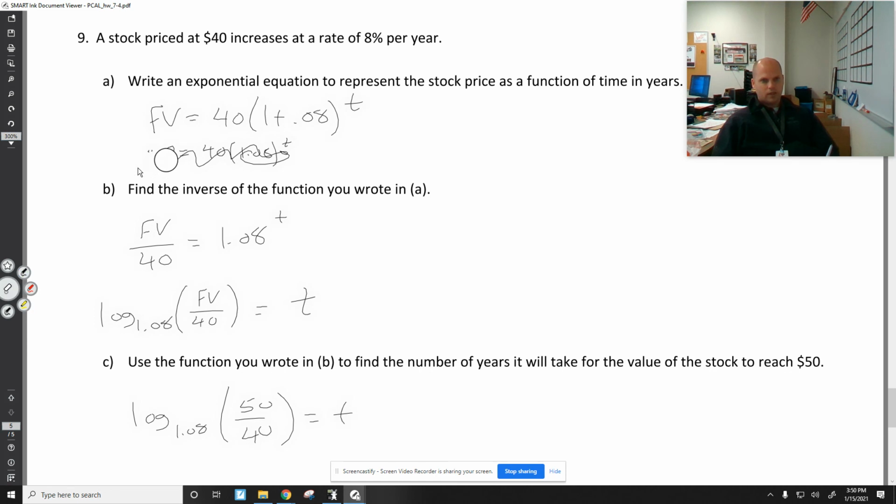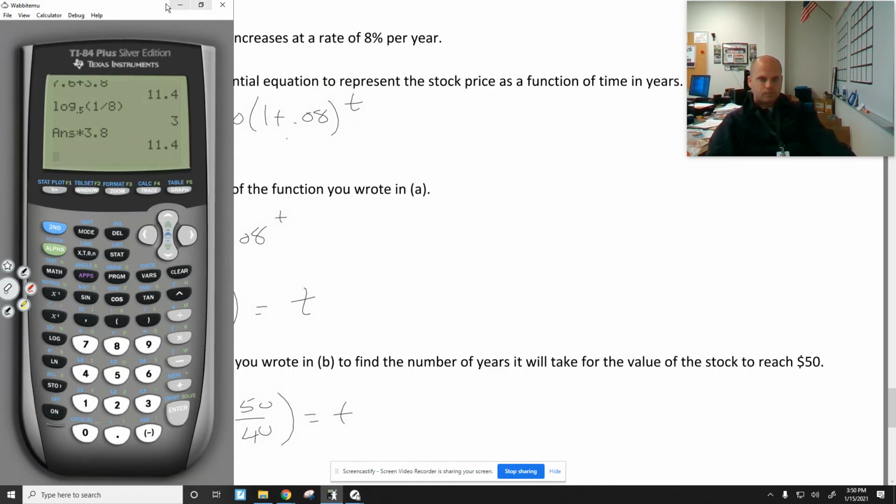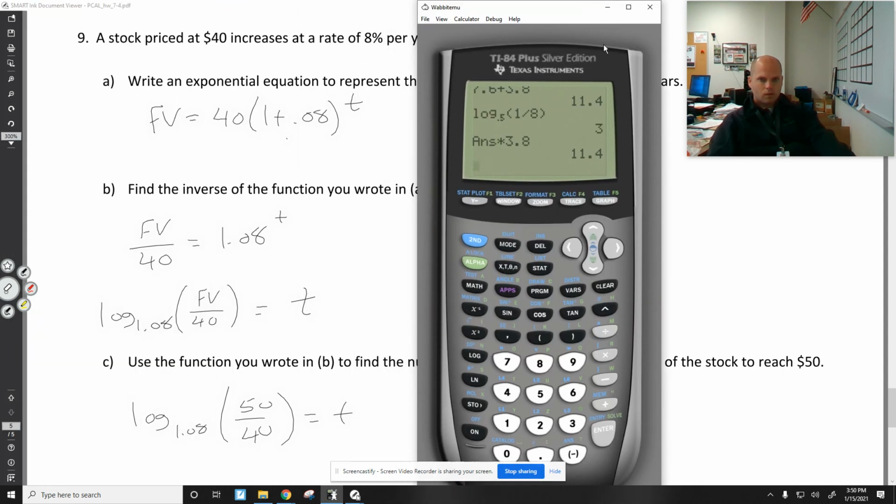But let's plug this into our calculator. Honestly, I think it's easier to use the change of base sometimes. Log of 50 over 40 divided by the log of 1.08. That's easier to type into the calculator, I think, sometimes. 2.899. Don't believe me? Math log base 1.08. 50 over 40 is the same as 5 over 4.